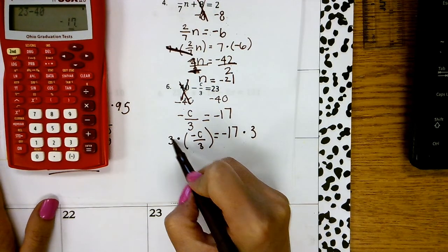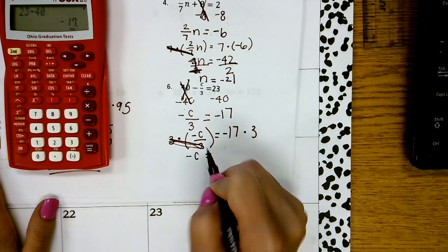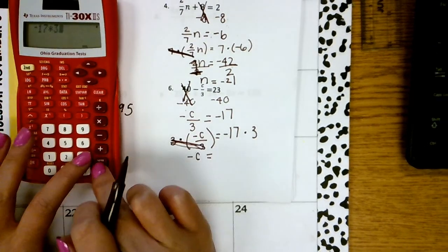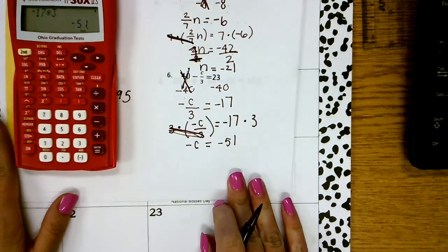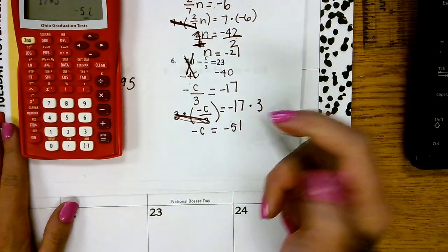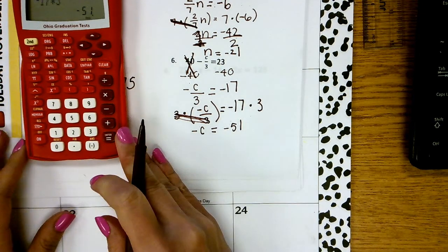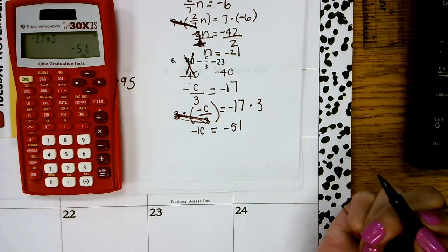On the left, our 3's make a giant 1, so we're just left with negative c equals, again, let's check our calculator and do negative 17 times 3. So negative c equals negative 51. Now, we are almost done. We know what the opposite of c is, but we just want to know c. So again, remember, this is like negative 1c equals negative 51.